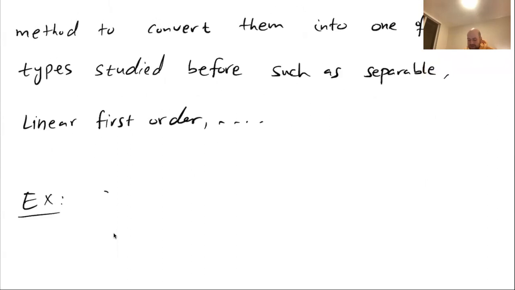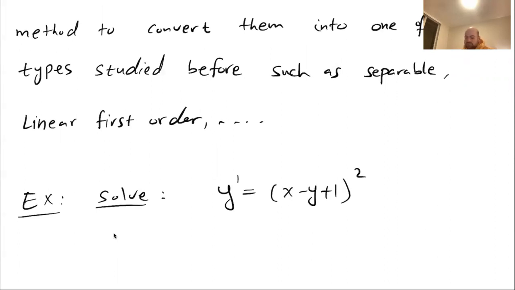For example, let's say solve y prime equals (x minus y plus 1) to the power 2. Well, right now it's not separable and it's not linear first order. But if you make a substitution, you can probably guess the substitution.